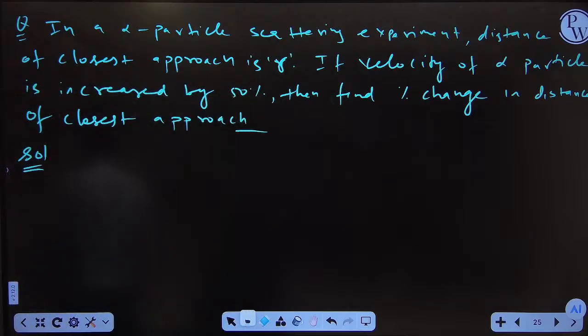Now the experiment is conducted with another metal which has atomic number 1.5 times, and kinetic energy of the alpha particle is double.